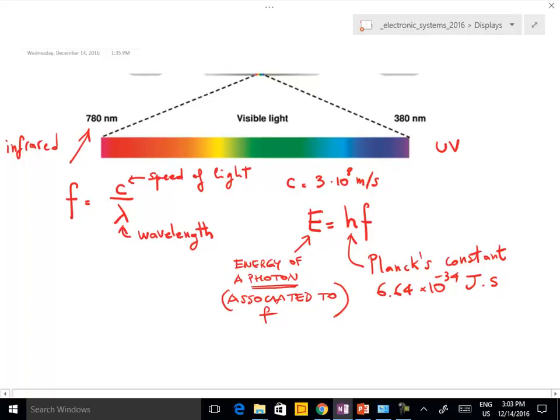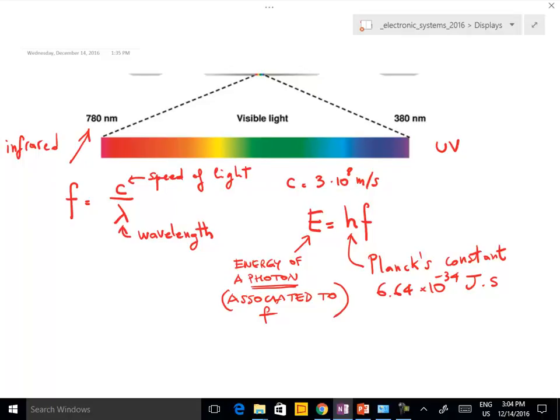Depending on the frequency of the electromagnetic radiation, we have a change of the energy of the photon. When we change the frequency, the speed of the photon does not change, but the energy of the photon changes, and it is rigorously proportional to the frequency.